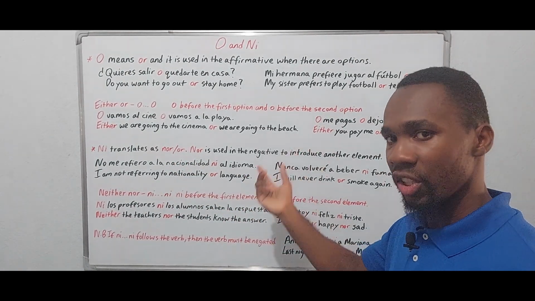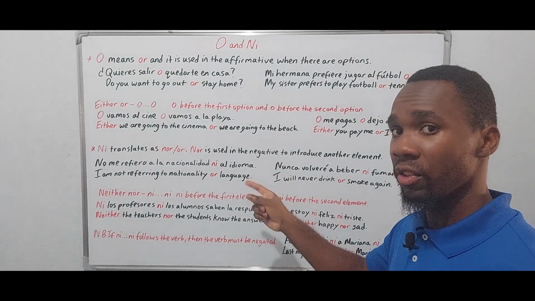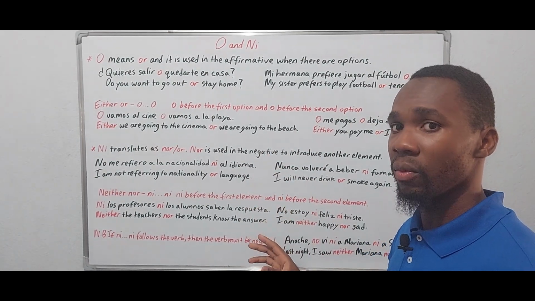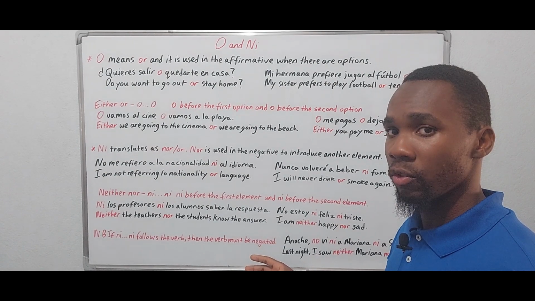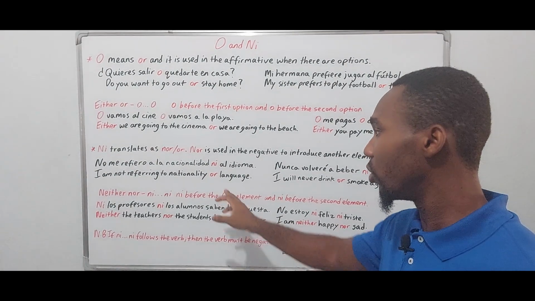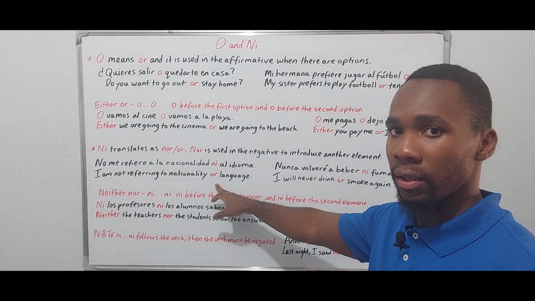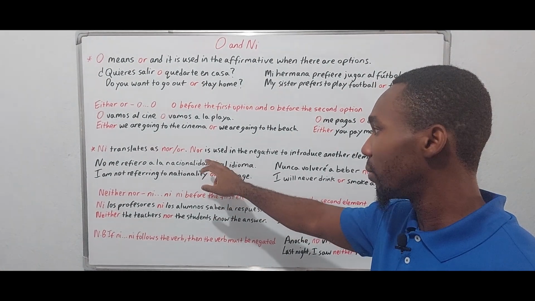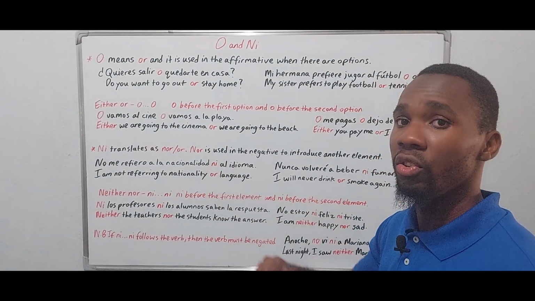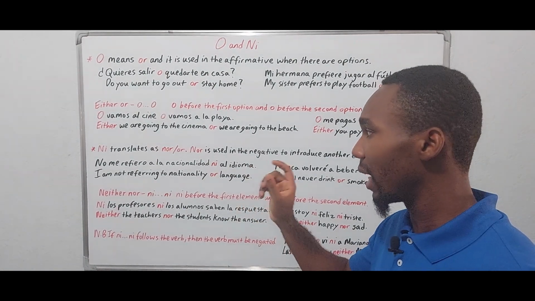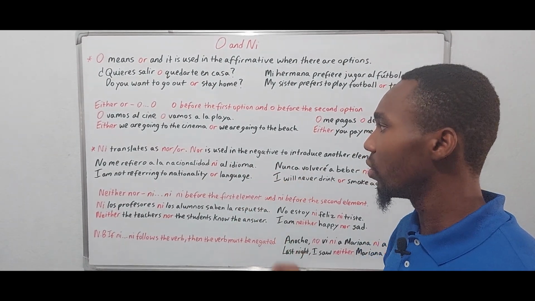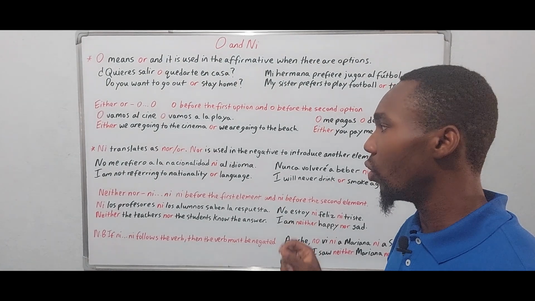But in Spanish, you have to use ni because we're talking about negation. So it's a little different. In English, I could use or here, which is actually a positive, right? But in Spanish, you must use ni. So I cannot say no me refiero a la nacionalidad o al idioma.